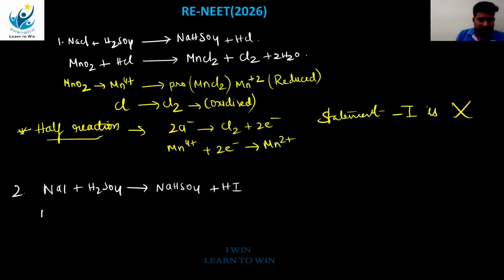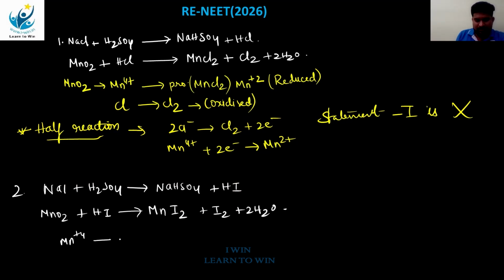Same reaction. MnO2 when reacted with HI, we get MnI2 plus I2 plus 2H2O. In the same way, Mn +4 is reduced to Mn +2.